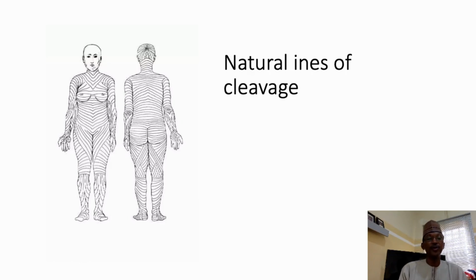Otherwise, if as a surgeon you don't follow these natural lines of cleavage during surgery, you are likely going to leave a huge disfiguration of the anterior abdominal wall of that person, because it is going to leave a very large and disfigured scar along that line. That is why it is always advisable, if one is going to make an operation or cut across any part of the human body during surgery, to cut along the natural lines of cleavage.